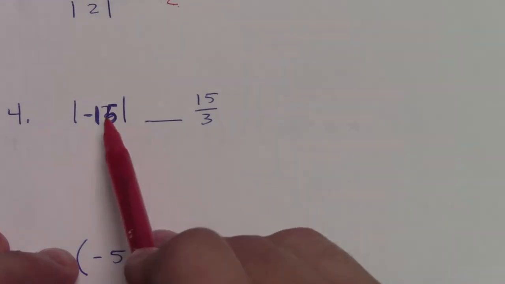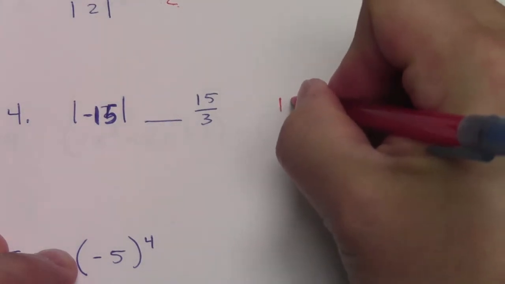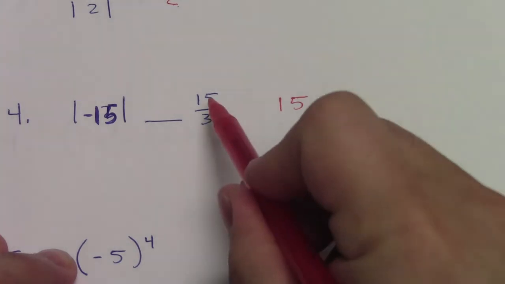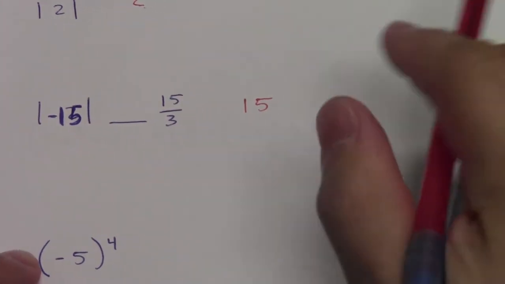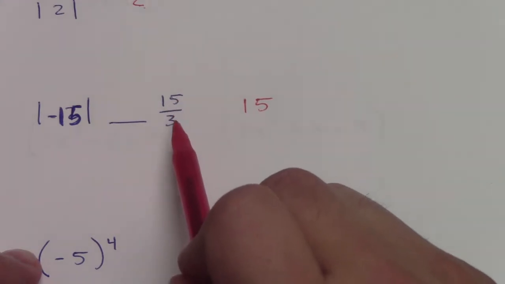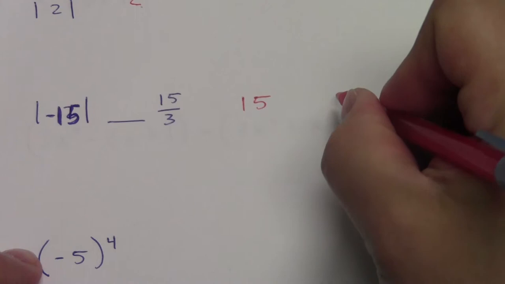The absolute value of -15 is still 15 away from 0, so it's going to be 15. I don't know if it's less than or greater yet; I'm still just redoing the problem. So 3 over 15, I can solve that, right? 3 goes into 15 5 times.